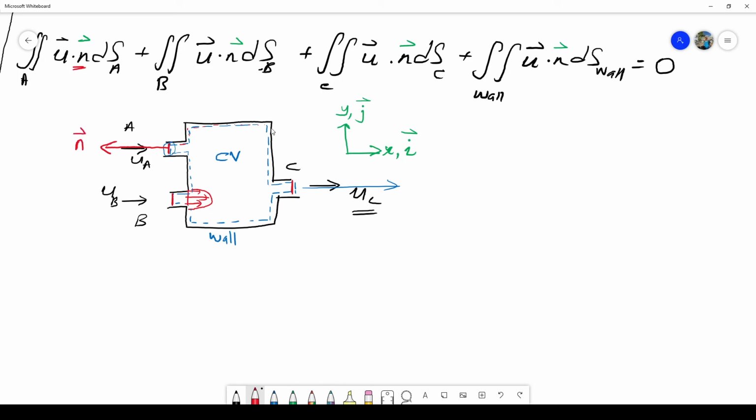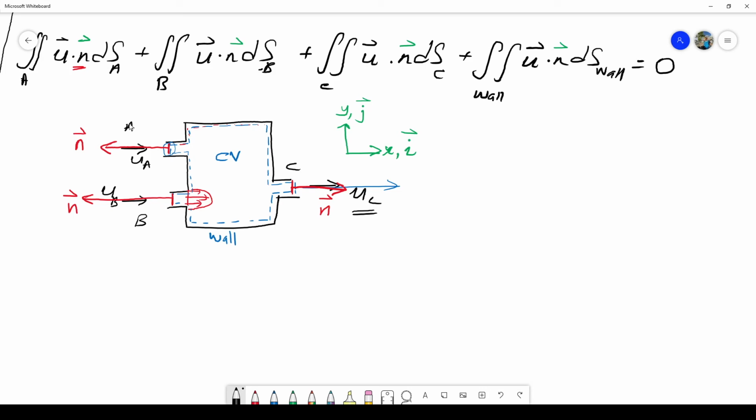So this is our control volume, and this is surface A. So n for surface A is pointing outwards and normal to the surface. For surface B it is in that direction, and for surface C, n is pointing in the right direction.